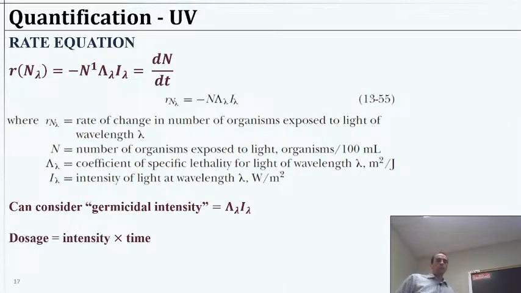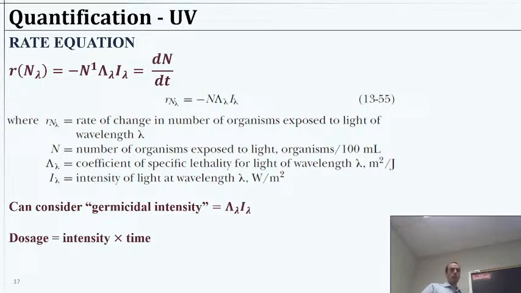So that brings us to, okay, well, how do we quantify light and dosing in a disinfection chamber? Well, it's going to be almost exactly the same thing as our Chick-Watson's kinetics, except that instead of a concentration, we have an effective light dose.